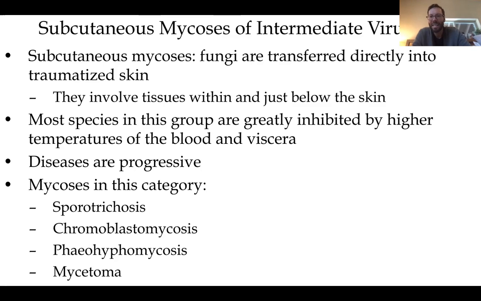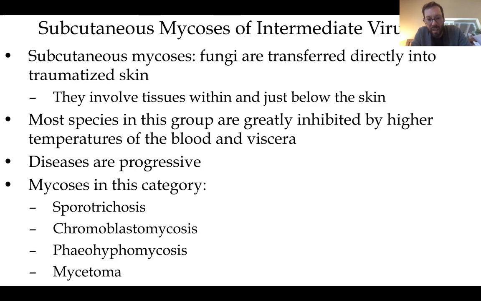The reason is that they are not as tolerant to higher temperatures. Okay. So your body's internal temperature is not permissive for these fungi to take hold, which is why they just enter subcutaneously, just under that layer of skin, but can't penetrate deep into your higher thermal temperatures.